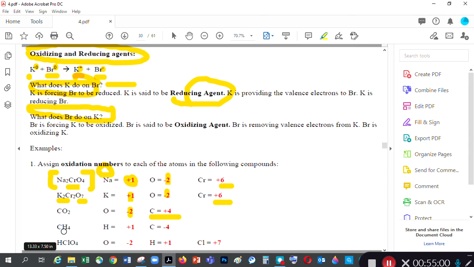Methane is covalent, so hydrogen has to be positive, as we said, and carbon will be -4. Perchloric acid: hydrogen is making a covalent bond, so it has to be +1. Oxygen is -2, so the chlorine, you can calculate, has to be +7.